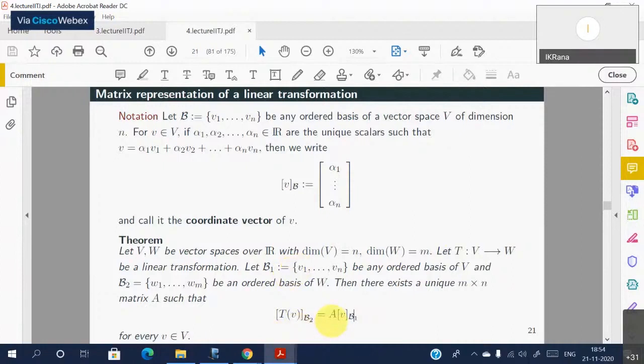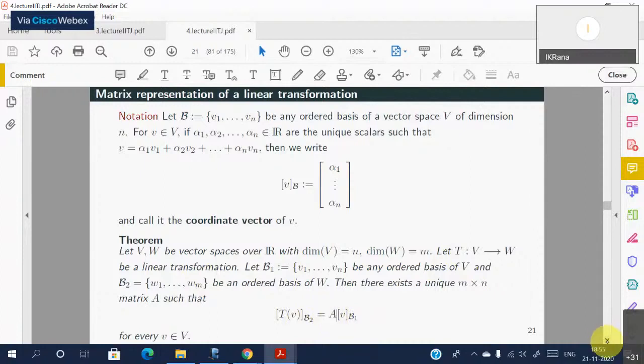This matrix A, which is unique, is associated with the given linear transformation and the given ordered bases B1 and B2 of the domain and codomain, and that is called the matrix of the linear transformation. Okay, so how do we construct that?